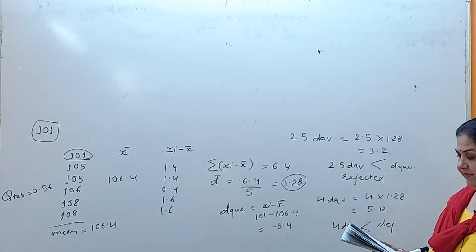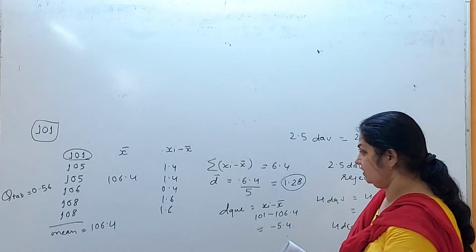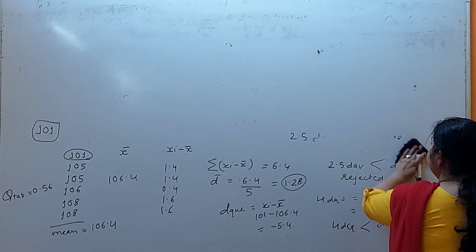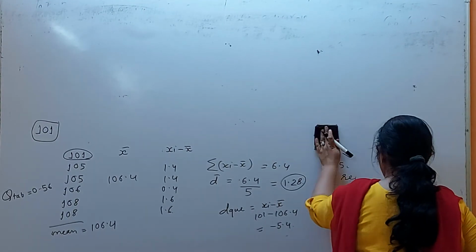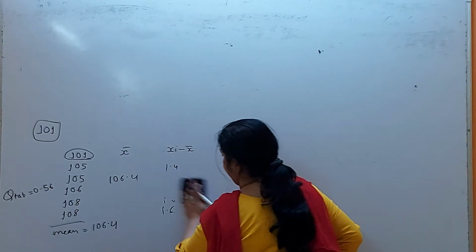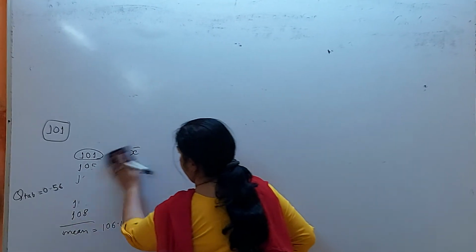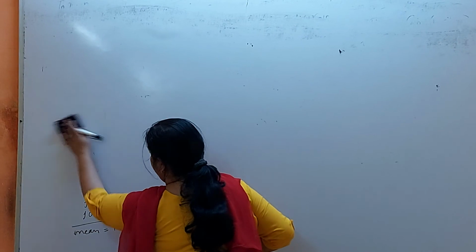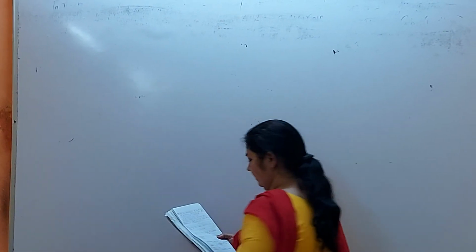Now the next sum, based on the Q test only. In an analysis of a sample for its arsenic content, the following 4 values were reported.